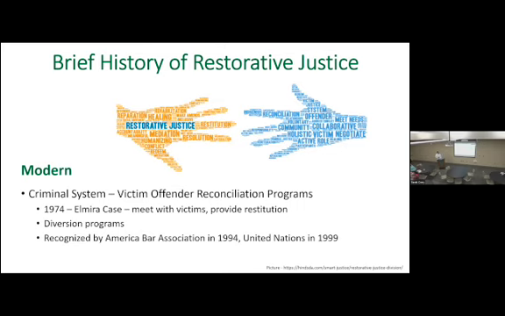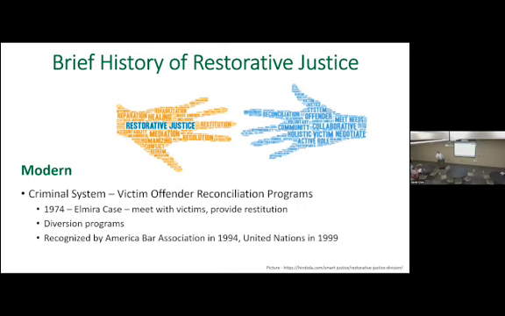And so diversion programs, victim offender reconciliation, and these practices were recognized by the American Bar and the United Nations at different points in time on the criminal side of things. And so that's an important history to exist too.